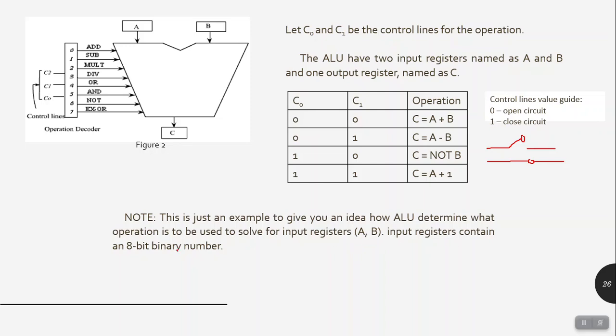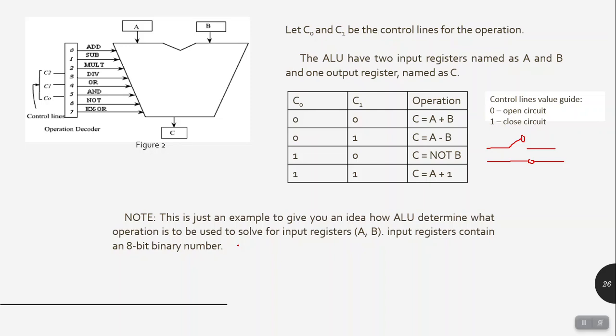Input registers contain an 8-bit binary number. Everything that is processed, or let's say when you type a symbol or character on your computer, it is translated into a binary number, because computers can only understand binary numbers. In order to represent a character or symbol to our computer, it can be represented by an 8-bit binary number.